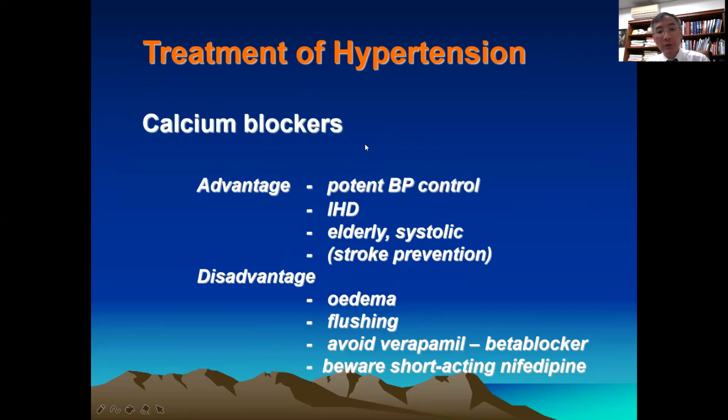What about calcium blockers? Well, calcium blockers can be considered in three groups. The dihydropyridines are vasodilators. Verapamil is like a beta blocker. It slows down the heart rate, it slows down the force of the heart. On the other hand, the dihydropyridines, by being vasodilators, cause a tachycardia.